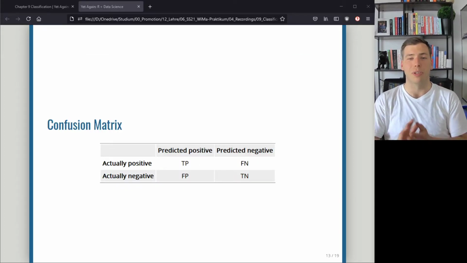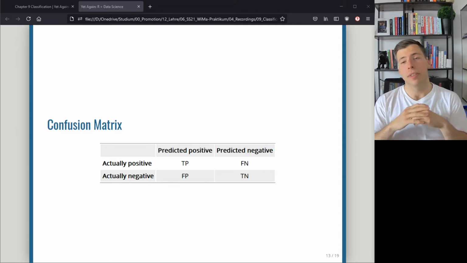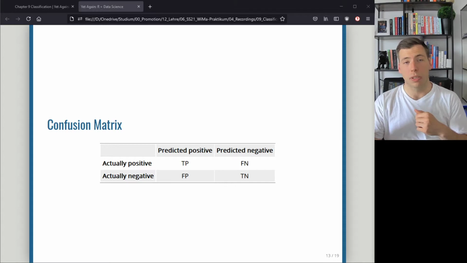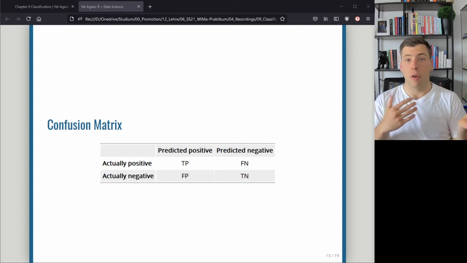Let's go to the confusion matrix. If you do a classification, more appropriately a binary classification, then you can classify your observation as being of group 1 or group 0. And if you already have that data, you can compare it to the true classification. With that you will always get a true or false value.